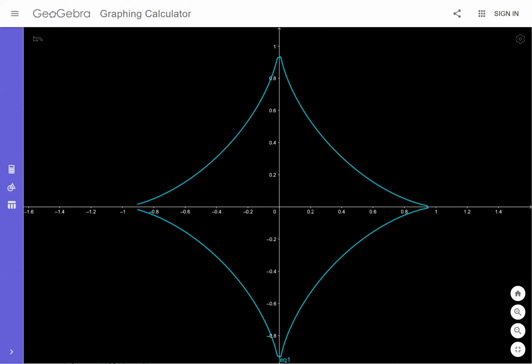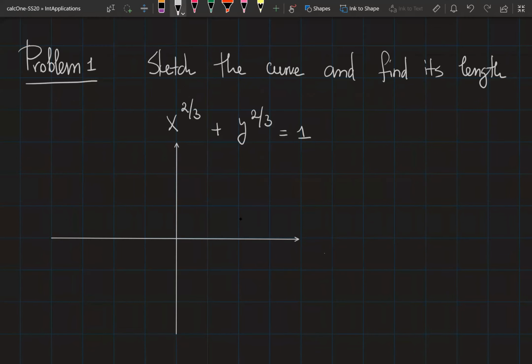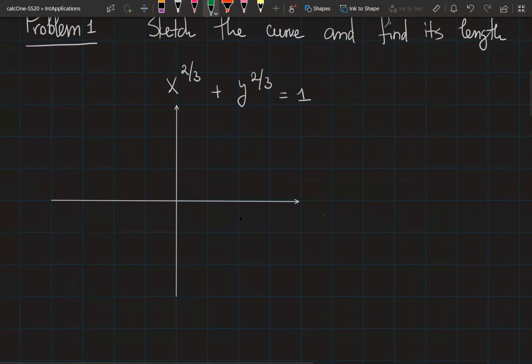So let's go back to our editor. Well, the curve looks like this, and it's totally symmetric.